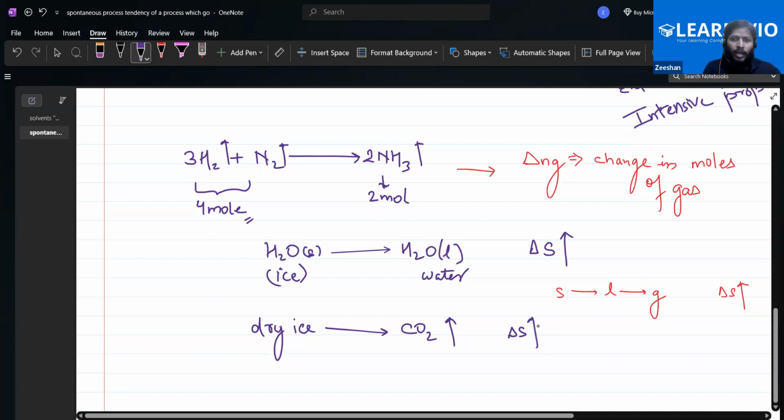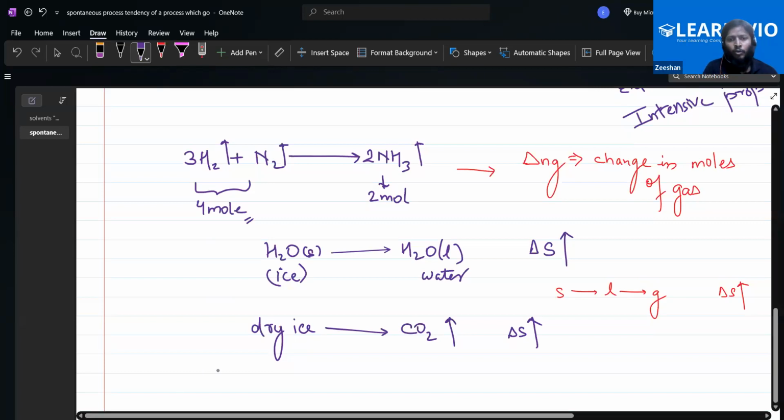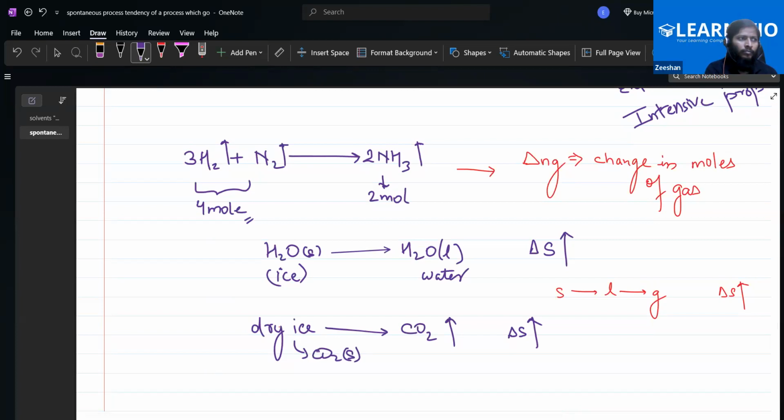Dry ice, what is dry ice? CO2, solid CO2 form. CO2 in solid form is called dry ice, right? Yes, sir.